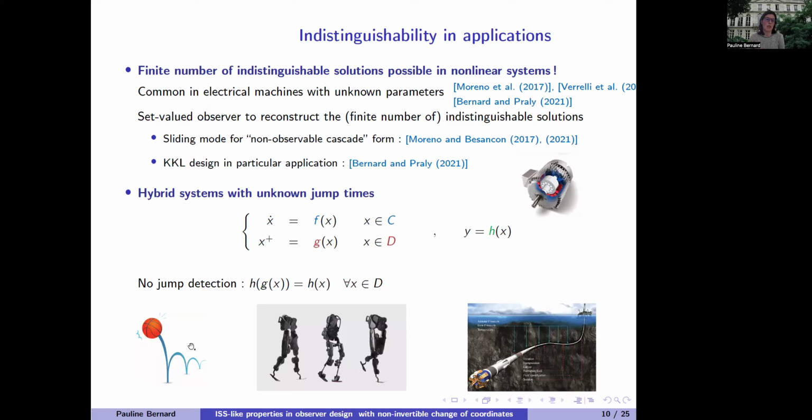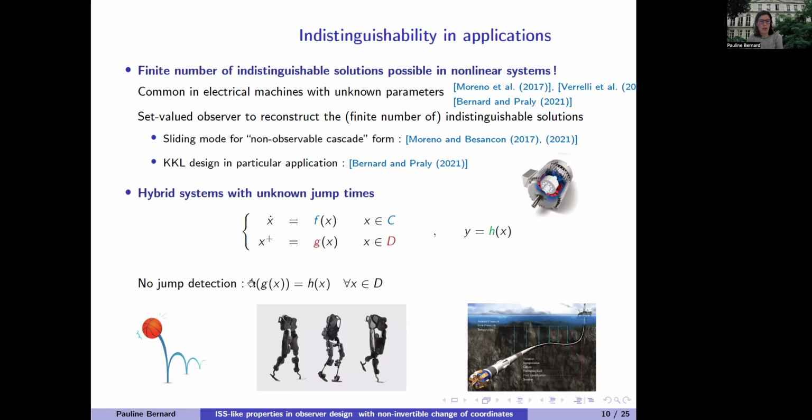Okay, so this kind of setting allows you to model some systems with impacts. It allows you to model also switch systems where you have discrete events, these kind of things. And an important part of this literature is to, of course, design observers, but the problem is when you cannot detect that there is an event that happens, that there is a jump or discontinuity.